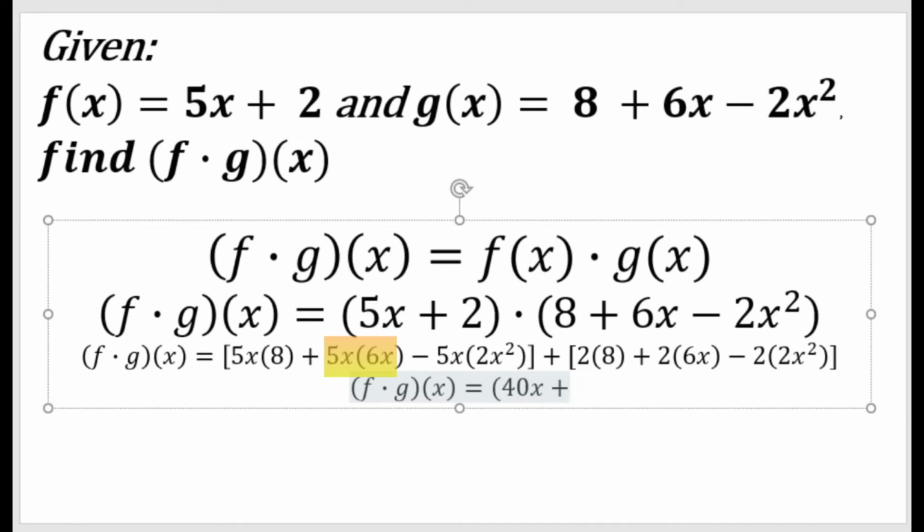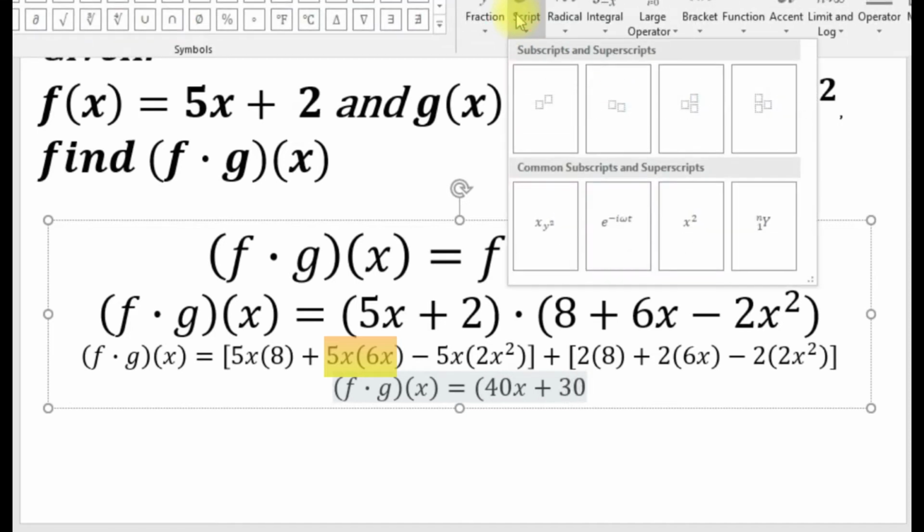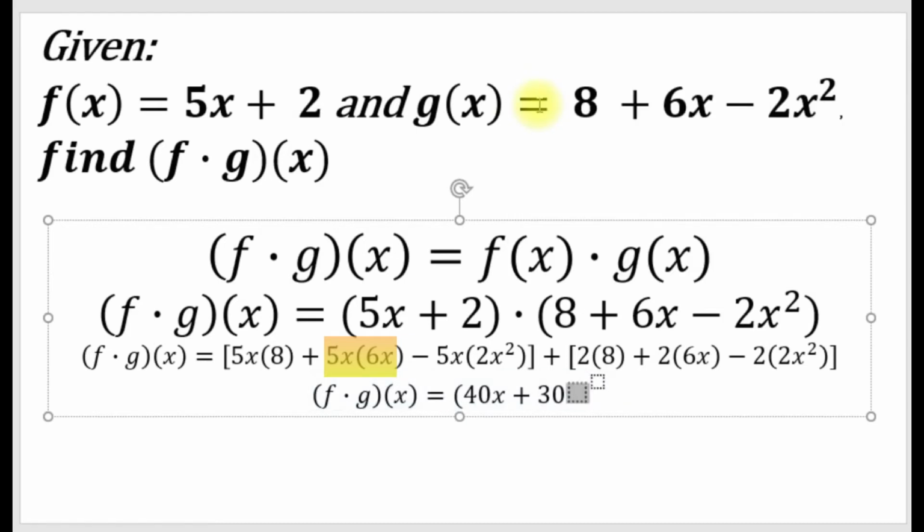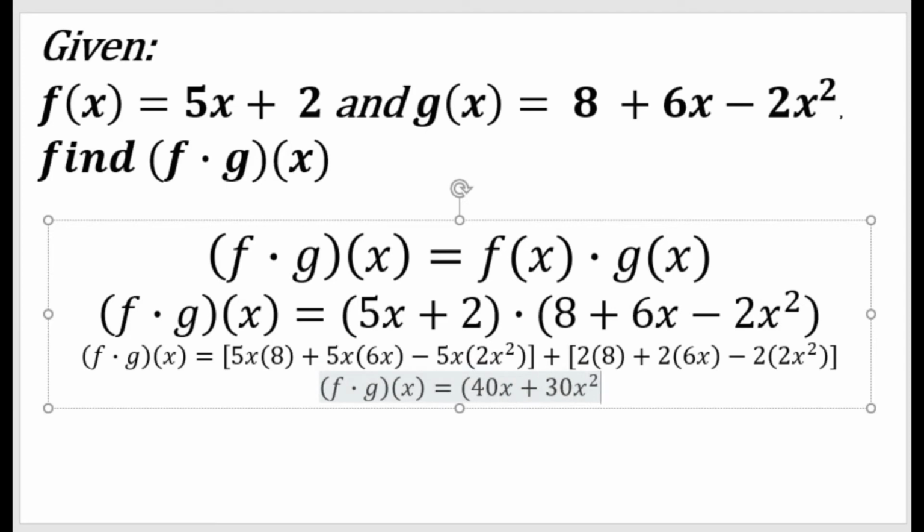That's 30x squared. And then minus 5x times 2x squared. That's 10x to the third.